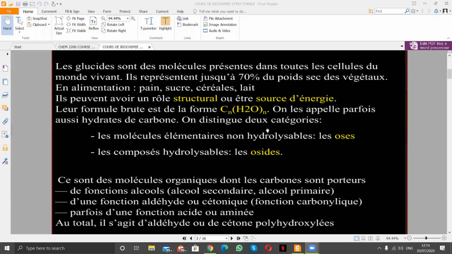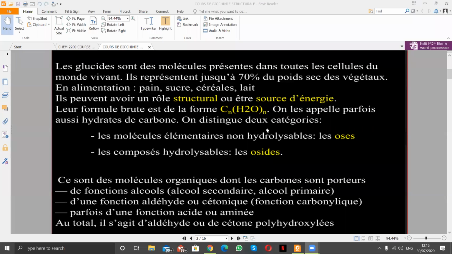Now, allow me to talk about the origin of carbohydrates. Carbohydrates can be endogenic or exogenic. What do I mean? Endogenic, you get the term endo. Endo means inside, something which is produced inside.